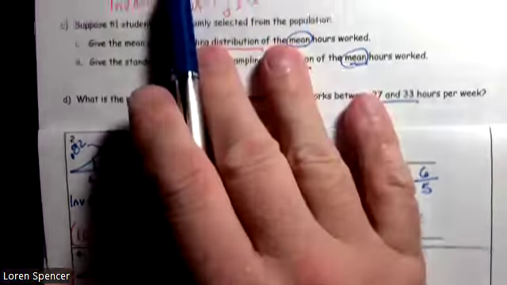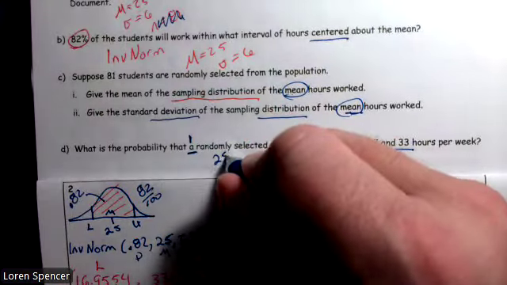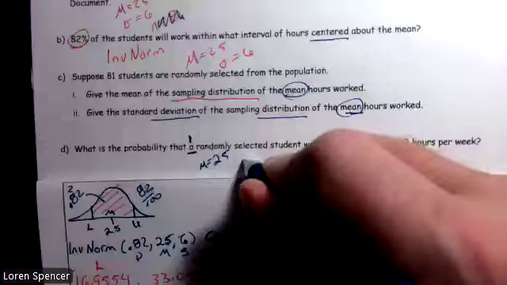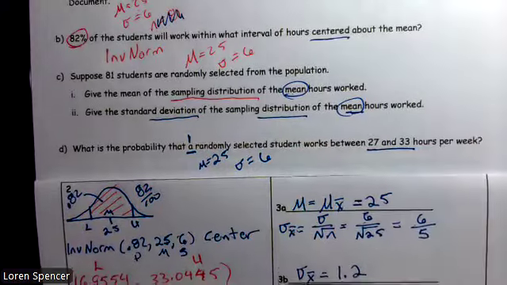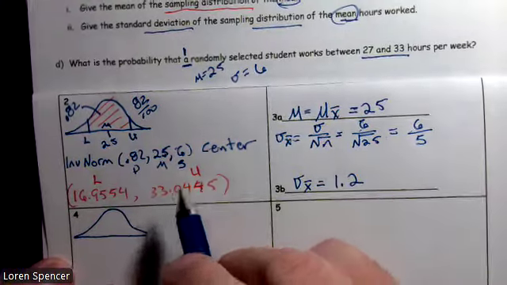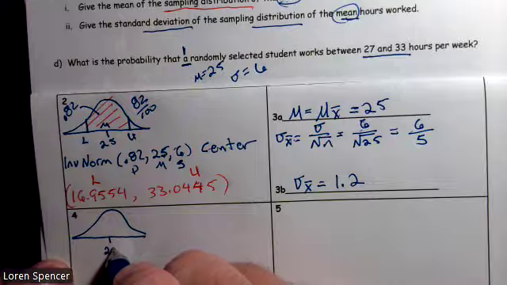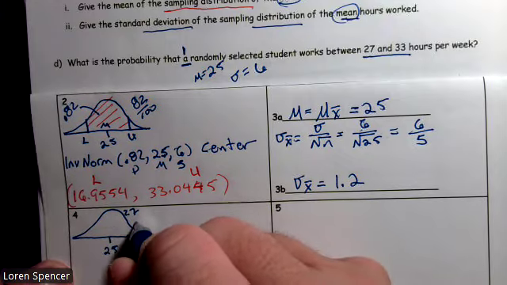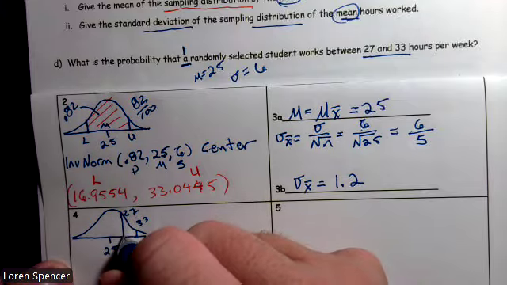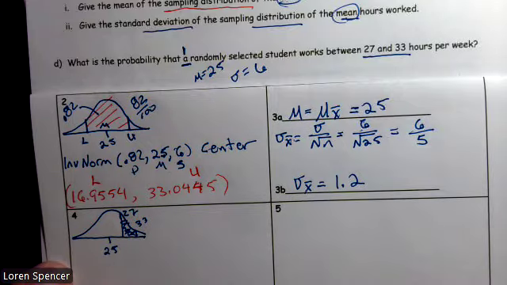Once again, we're still working with a mean of 25 and a standard deviation of 6. So that hasn't changed. So let's draw our picture. 27 and 33. Well, 25 is right here. Well, 27 is above it, and so is 33. So I'm looking for this shaded area right there.